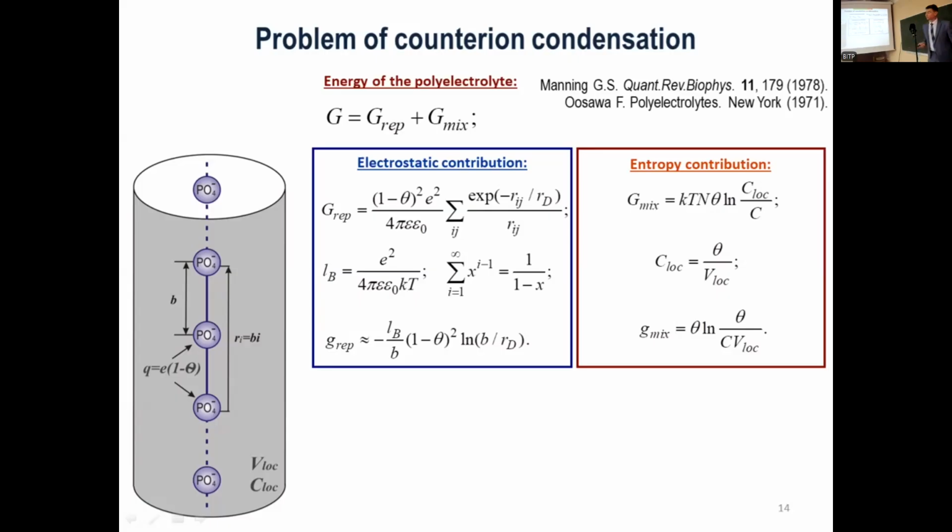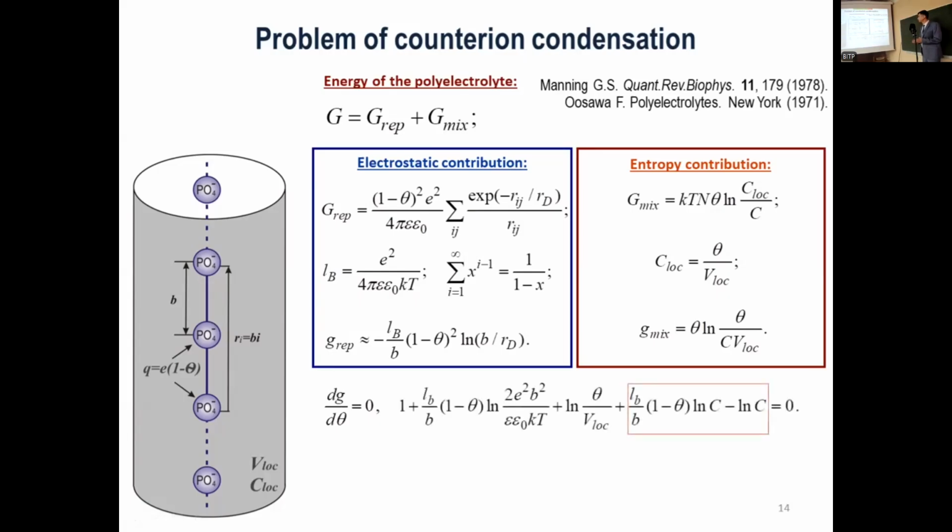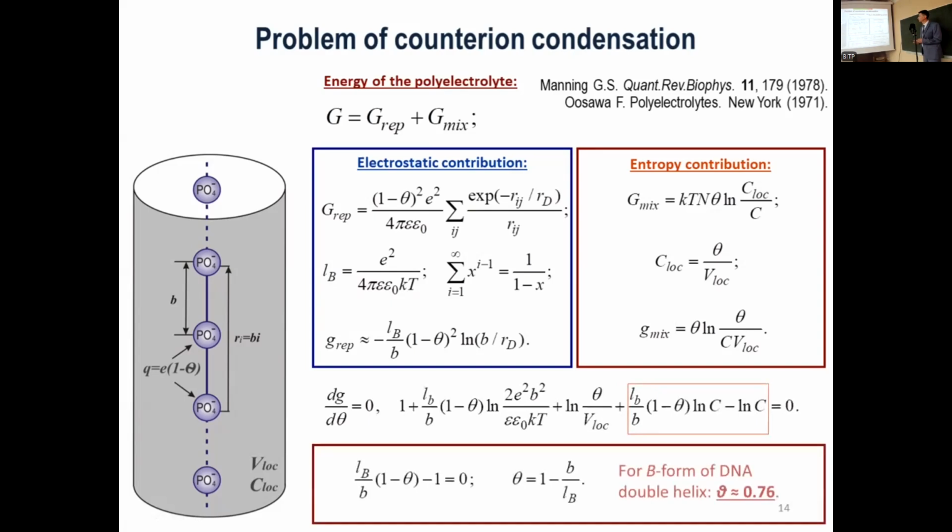And then, according to the condition of the minimum of energy, we can find a result which allows us to estimate the number of ions which neutralize each phosphate group. For instance, for B-DNA, the B conformation of the double helix, it is 0.65.